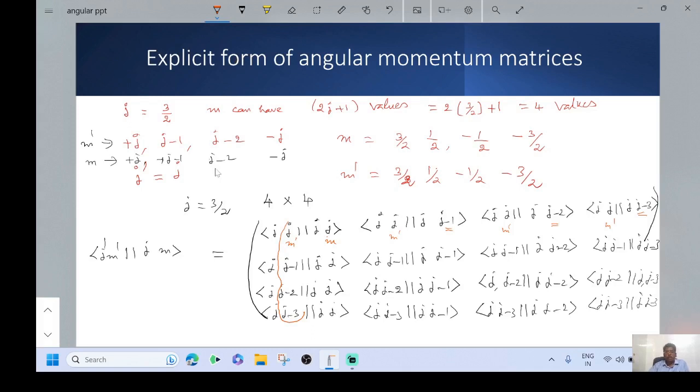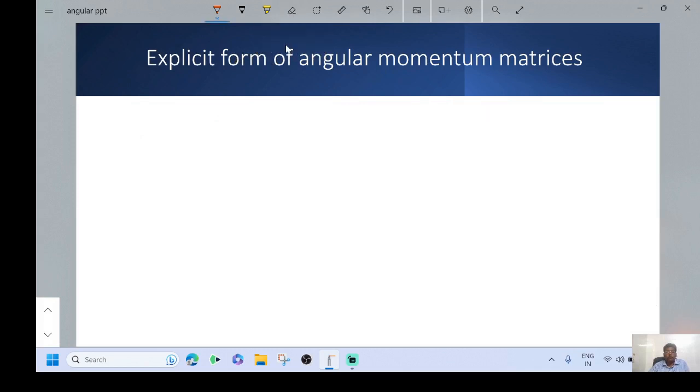For a simple case, if I write, you may understand more. Say for j equal to 1 by 2.